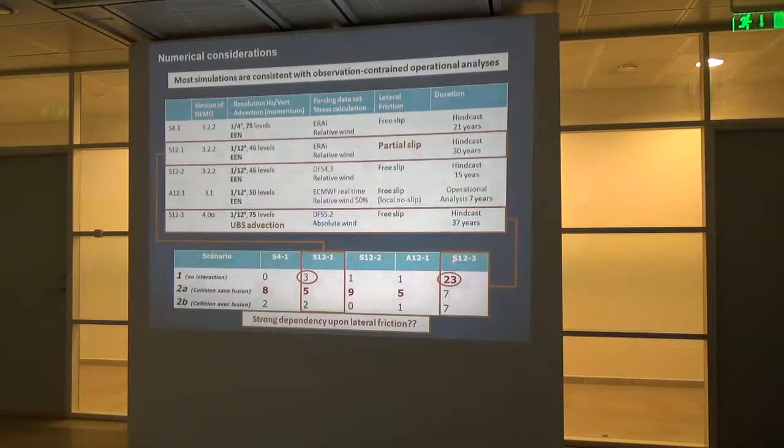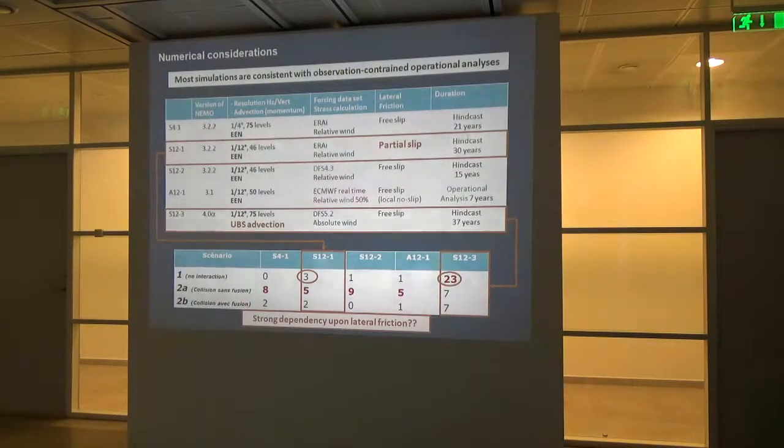That one tells me that the most likely scenario is no interaction, and that the other scenarios are reasonably probable, 7%, but certainly not dominant. This one, with a partial slip boundary condition, found 3 occurrences, a much larger number of occurrences over 10 years than the others, where there was no interaction between the two gyres.